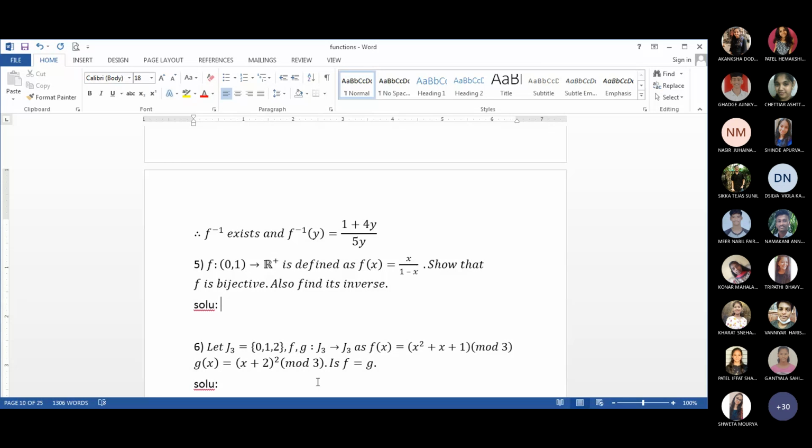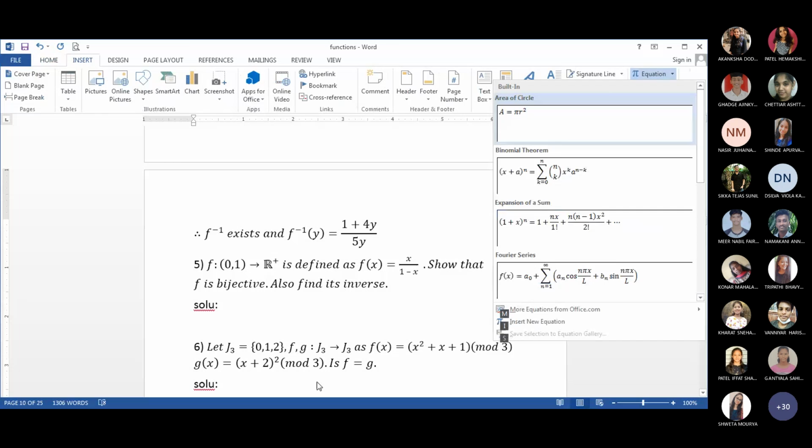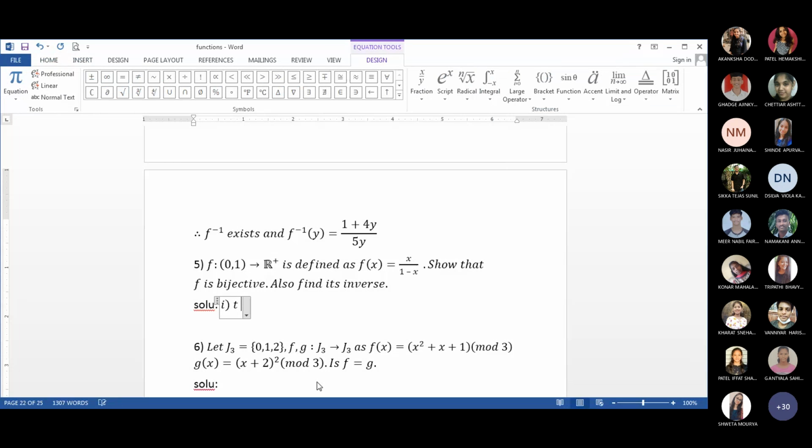That means अपने को 1 to 1 and onto prove करना है, and we have to also find its inverse. तो पहले हम लोग को प्रूव करना है कि फंक्शन इज 1 to 1. To prove f is 1 to 1.